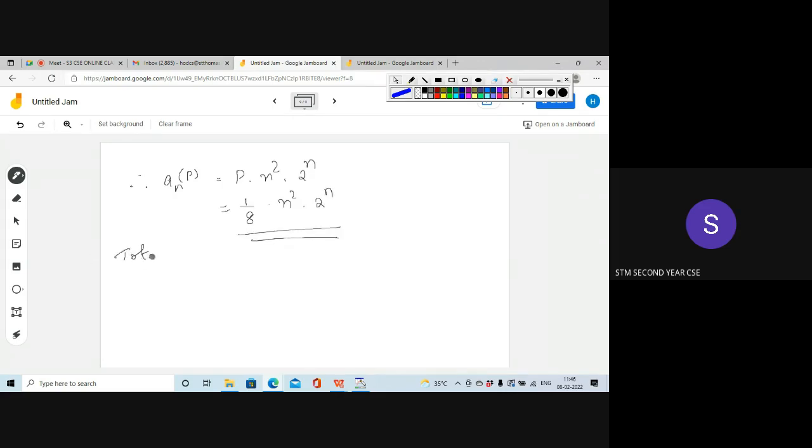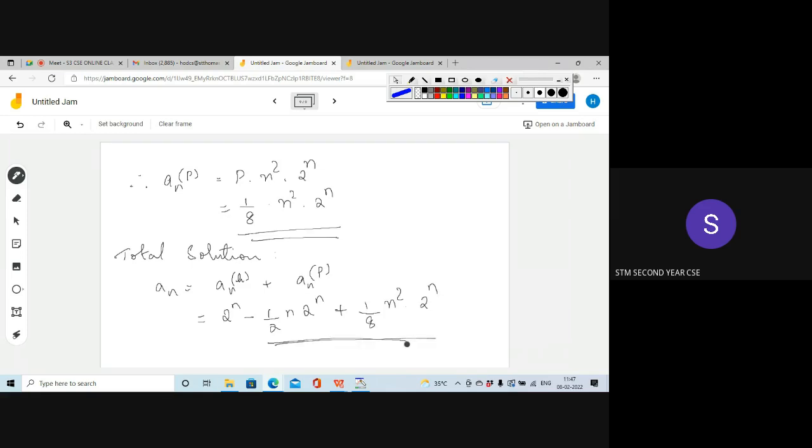Therefore, the total solution a(n) is equal to a(n) of h plus a(n) of p, that is 2 raised to n minus 1 by 2 n into 2 raised to n, which we found earlier, plus 1 by 8 into n square into 2 raised to n.